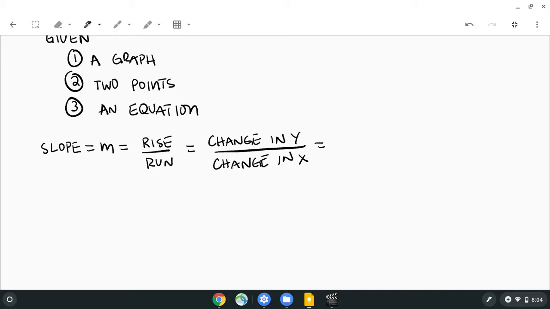So maybe you remember it as y2 minus y1 over x2 minus x1. All of these are different ways to look at slope.